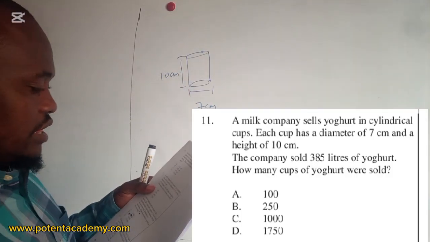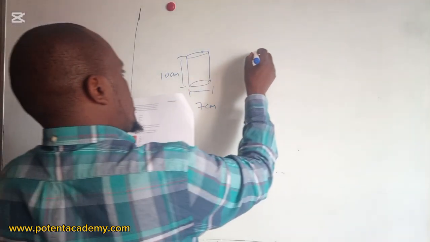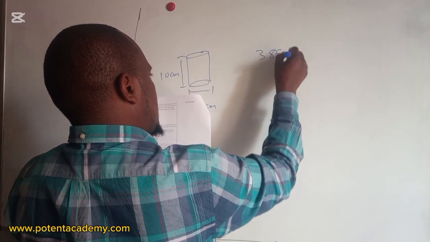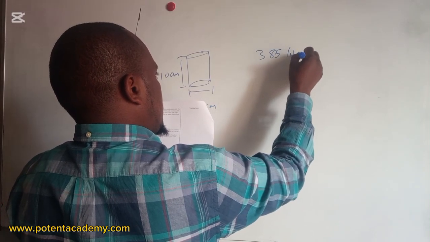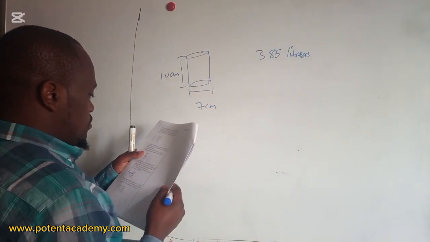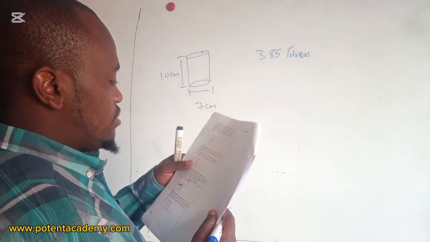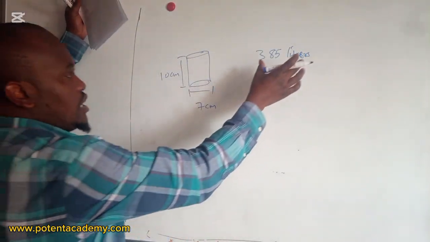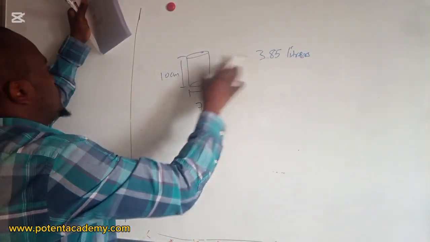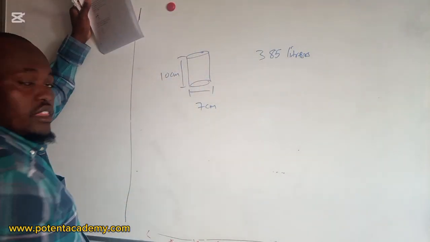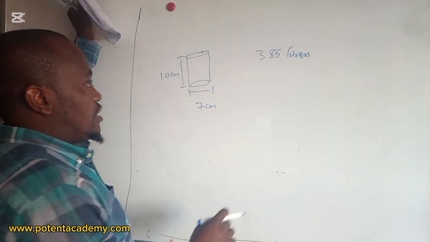So we are asked, the company sold 385 liters of yogurt. How many cups of yogurt were sold? So in other words, you are told to take this and divide by this and find the number of cups.